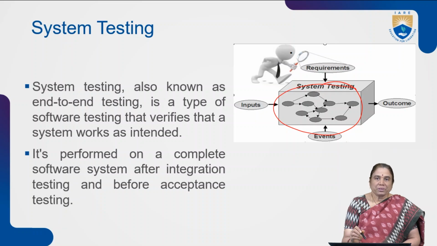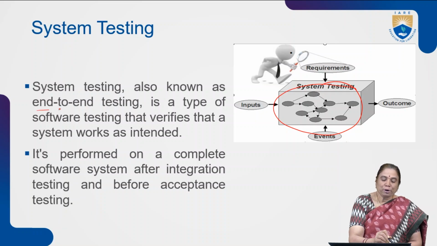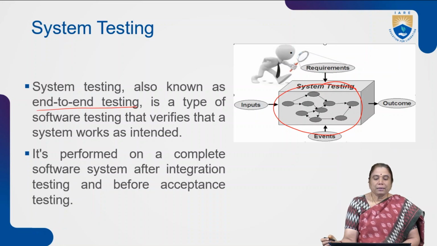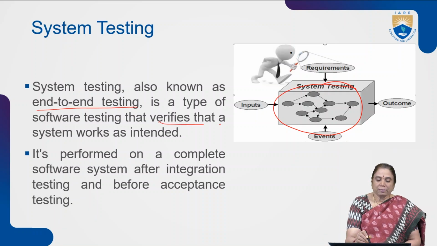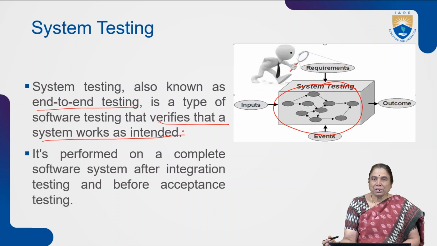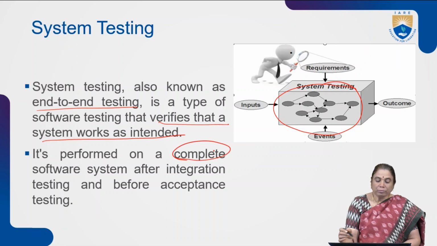System testing is also known as end-to-end testing, and it is a type of software testing that verifies that the system works as intended. So the functional and non-functional requirements of the system are verified in system testing. It is performed on a complete software system, after integration testing and before acceptance testing.